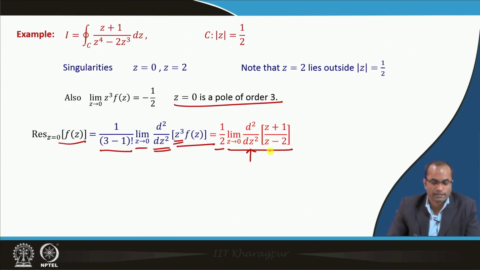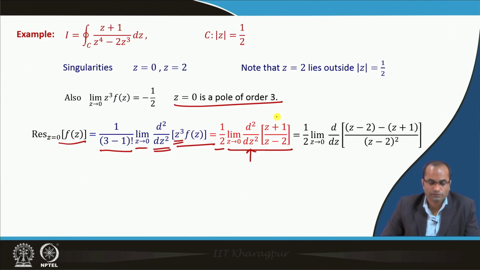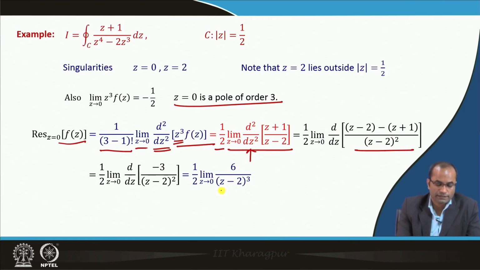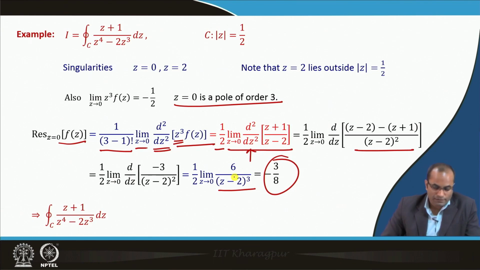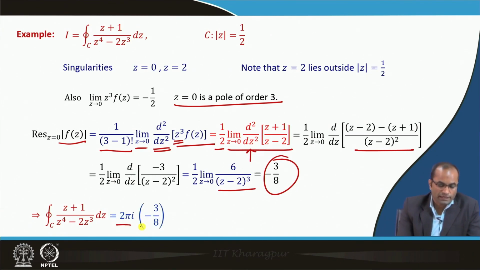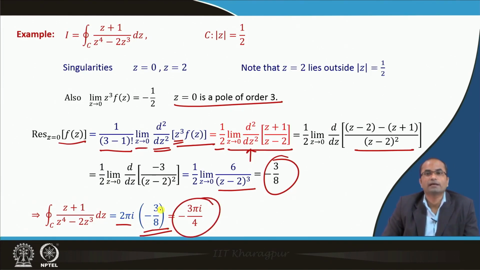So, the z cube gets cancelled, and we have to take the double derivative simply for this function. The first derivative is given here, then once again we have to first simplify this and take the derivative again, and finally take the limit. So, it is coming as minus 3 by 8, the residue at z equal to 0. So, the value of this integral is 2 pi i times the residue, which is minus 3 by 8. So, the integral value is minus 3 pi i by 4.